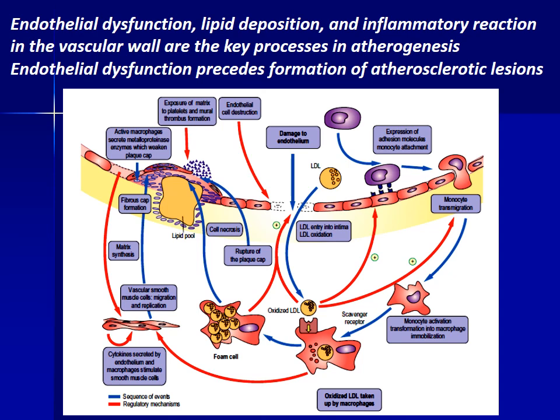Note the role of oxidized lipids in the formation of lipid-laden cells and subsequently the lipid pool that becomes the center of the atherosclerotic plaque. The sequence of events is shown in blue lines and the regulatory mechanisms are shown in red lines.